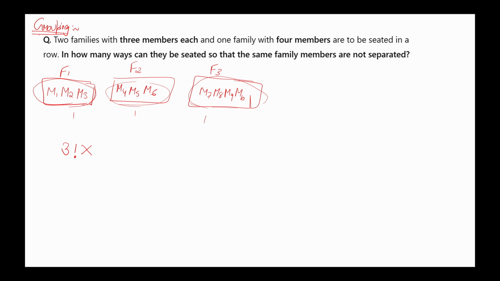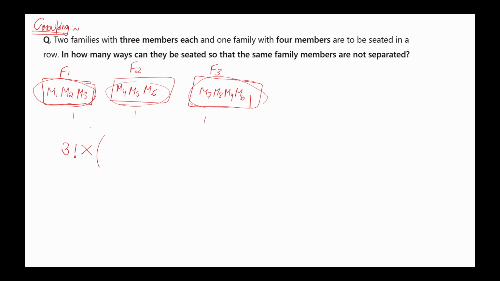Now since all the members must remain together, I have arranged them in 3 factorial ways such that the members are together. Now each and every member can arrange themselves accordingly, right? Like M1, M2, M3, they can be seated in this way, or M1, M3, M2, or M2, M3, M1.